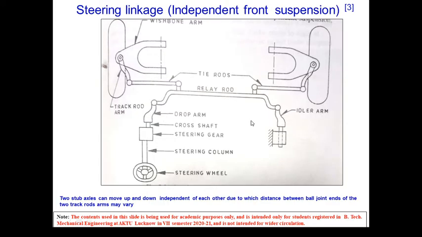Now, if we talk about the car suspension or independent front suspension, why independent? Because in case of a bump on one side of the car, it will not be transmitted to the other side, so the entire vehicle will not be disturbed. That is the concept of an independent suspension system. In conventional rigid axle suspension, we have seen that the main axle beam ensures the movement of the stub axle in the horizontal plane only.